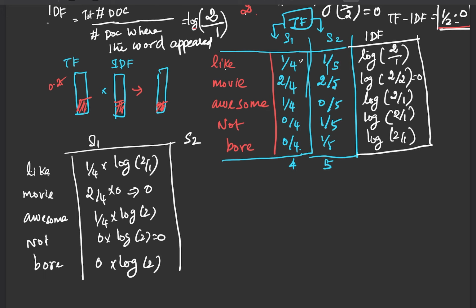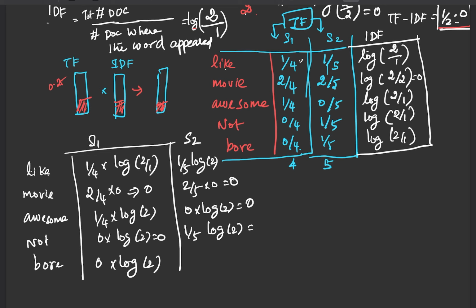For like, it is 1 by 5 log of 2. Here it is 2 by 5 into 0, which is 0. And next one is 0 into log 2, which is equal to 0. Next one is 1 by 5 log 2, which is some decimal number.